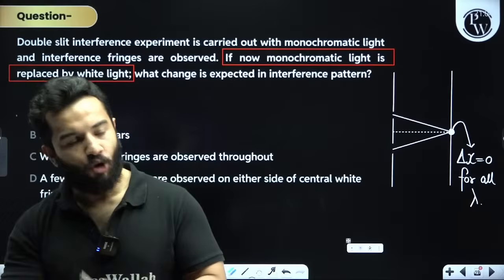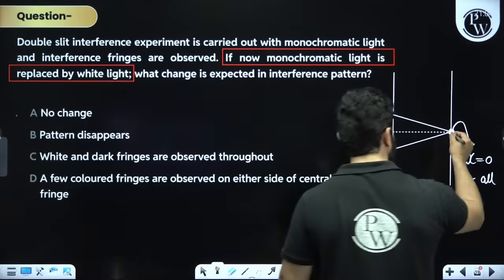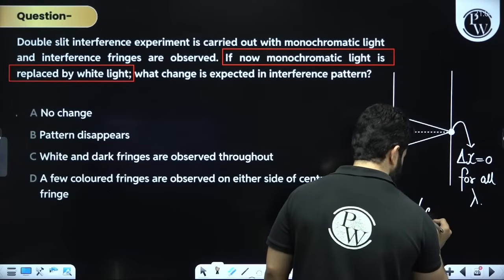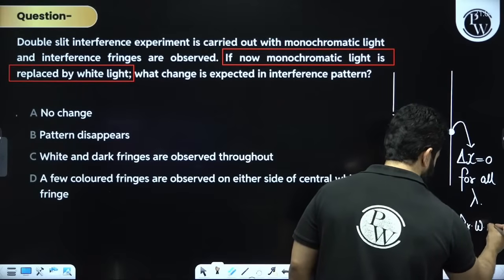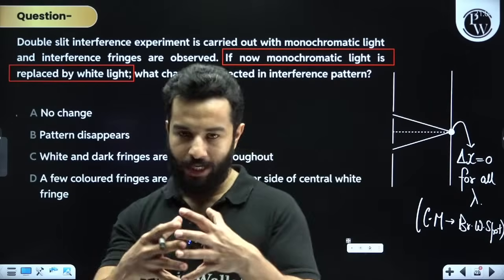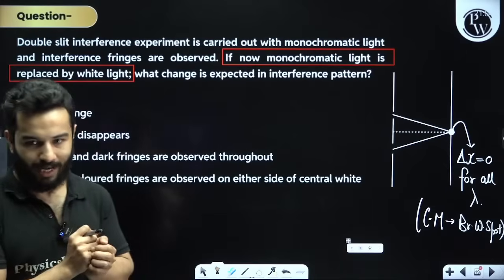Delta x is 0 for all wavelength. So that's why at the central point we will have a bright spot, bright white spot. All the waves will come and there will be constructive interference at the central maxima point.